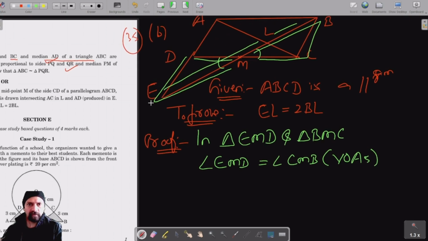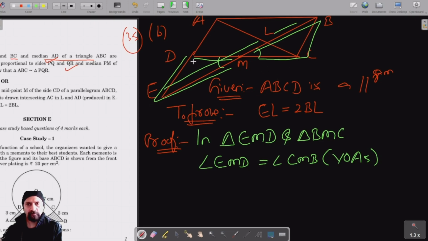Similarly, AE is parallel to BC, so this is a transversal. It's also given M is the midpoint, so DM is equal to MC.